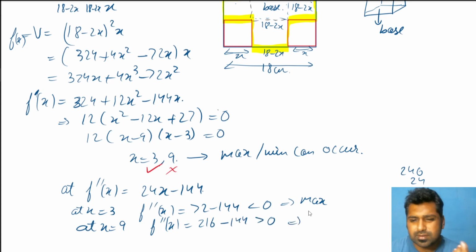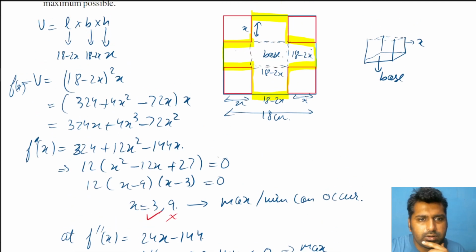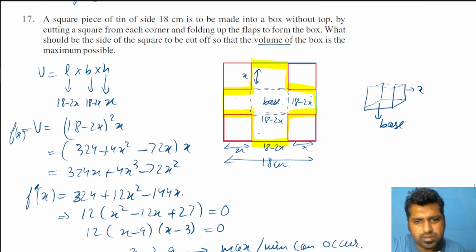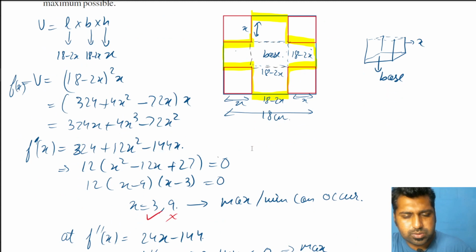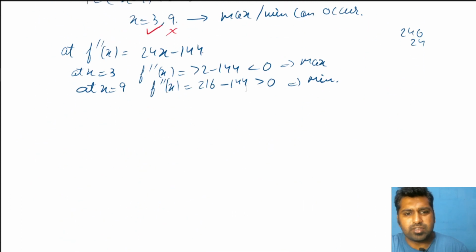The point is, it is 200 something, so it doesn't matter. So it's minima. So x equal to 3 is the answer. What is the maximum square we can cut from this square tin box? That's x equal to 3. If you remove that square, you will have the maximum volume.